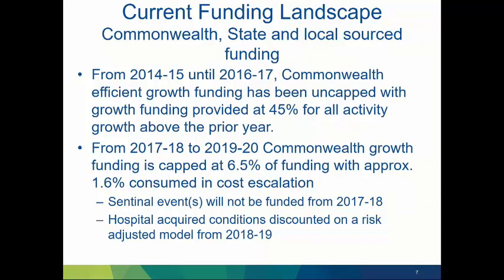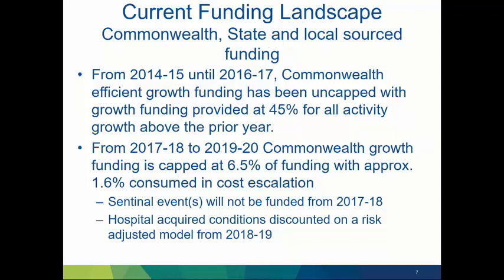And truly we're seeing a better transparency, I think, and identification of all of our cases that we're treating across the state. From 17-18 to 19-20, the Commonwealth growth is capped. So on the first point, our state was running at about between 10 to 14% growth per annum. It's now capped at 6.5%, so we're going to have to be choosing carefully those patients that we actually are going to treat in a limited growth funding environment.